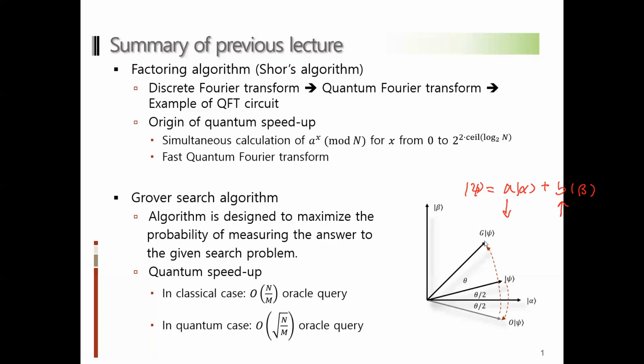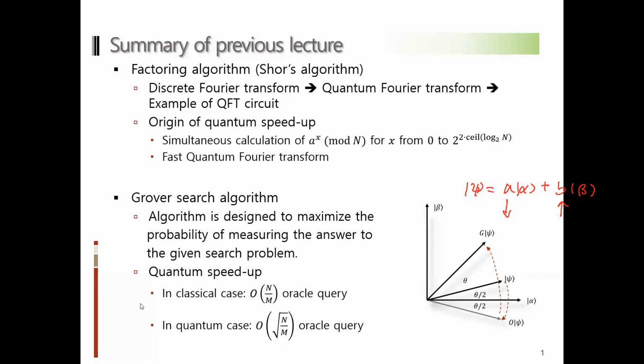Even though I just showed this protocol in the vector space visualization, what really happens is interference. By destructively interfering, we minimize the probability of measuring alpha, and we increase the probability of measuring beta.